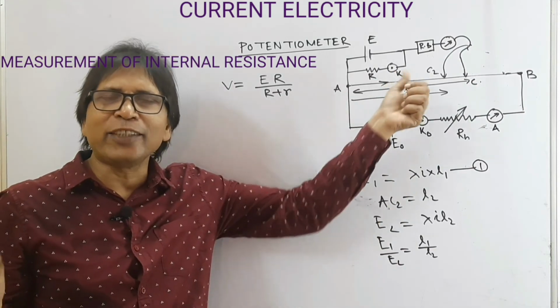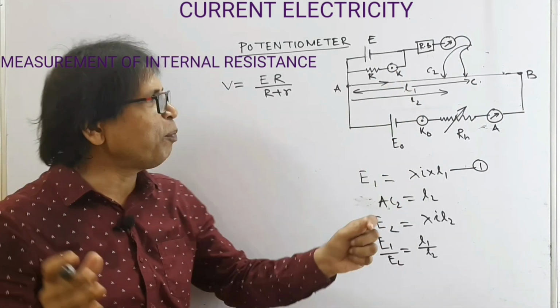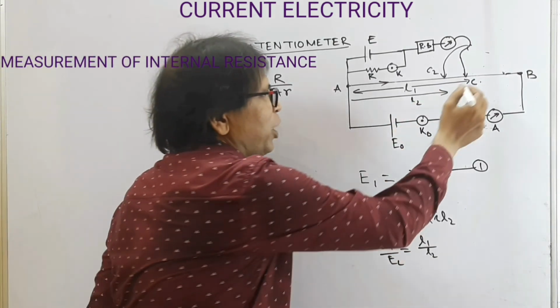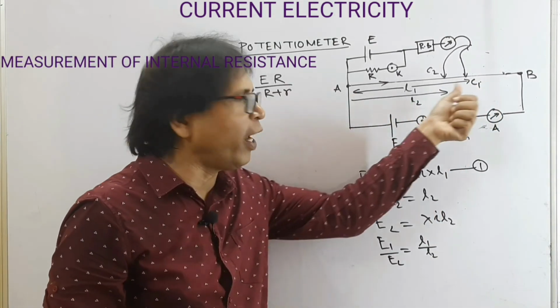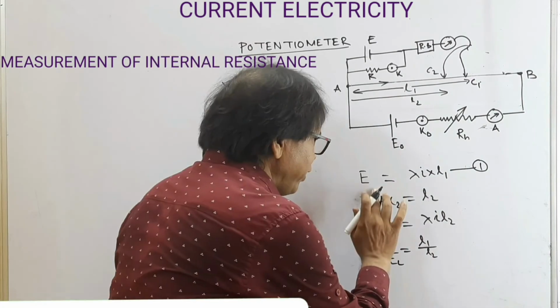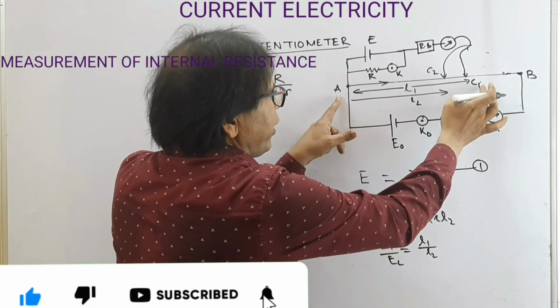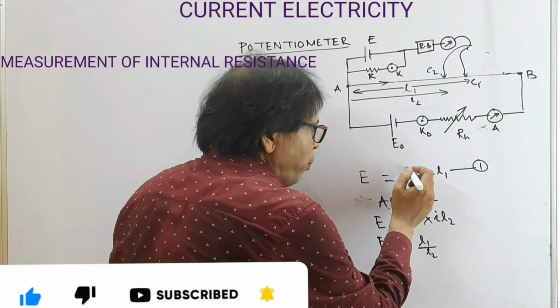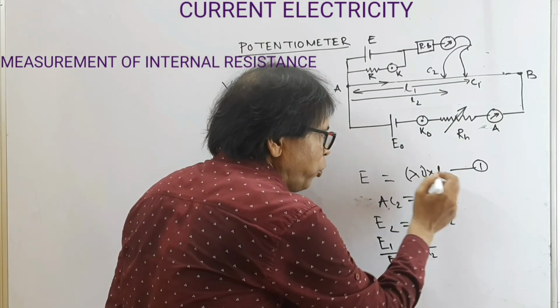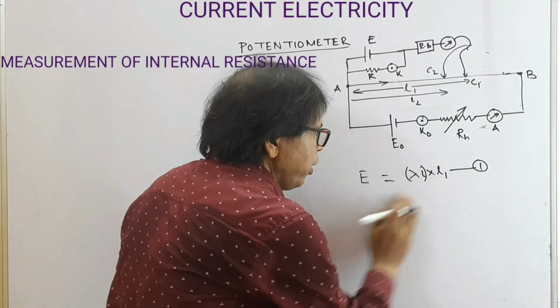Now switch K is open. The null point is obtained at C1. If AC1 equals L1, then the EMF E equals the PD across AC1. So this is the potential difference per unit length into the length.